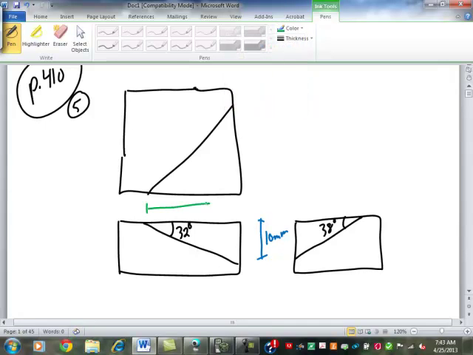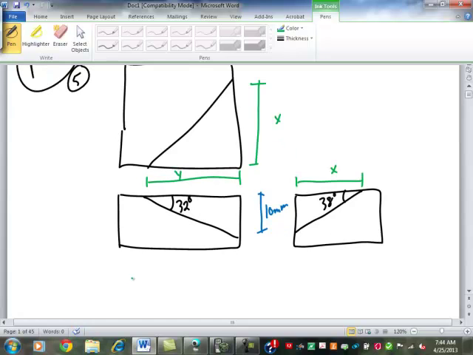So we need to find this dimension here, which we'll call y. This dimension here, which we'll call x, which of course is the same as this dimension here. To find y, if you recall, it is the tangent of 32 degrees equals 10 over y.